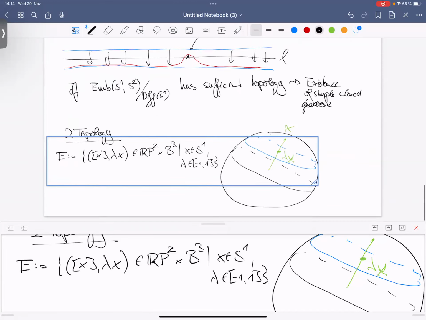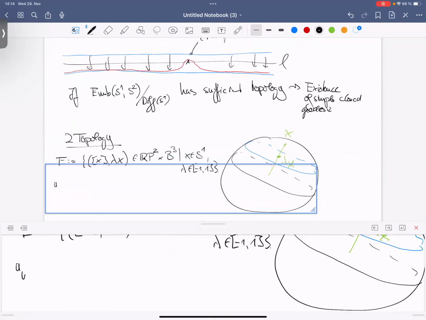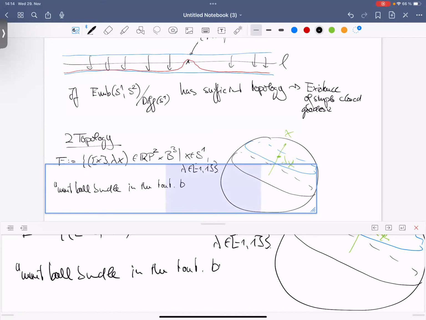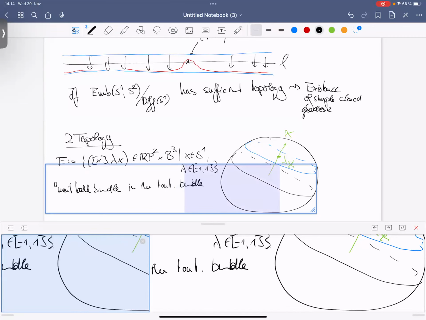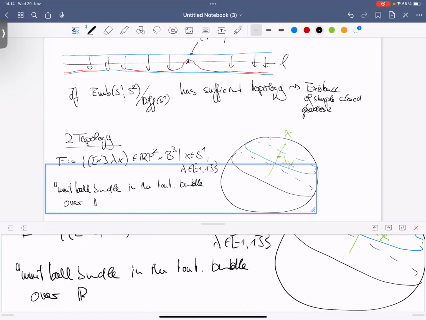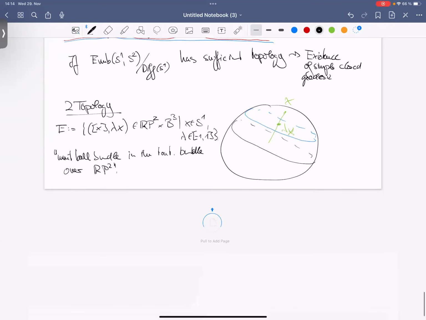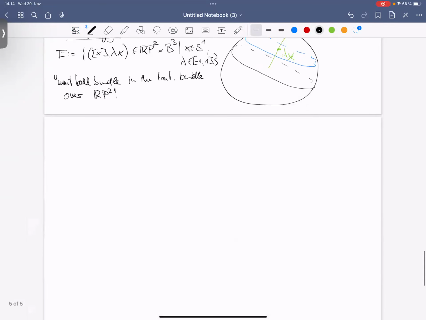If you want, this is the unit ball bundle, whereas the ball here is one-dimensional, in the tautological bundle over RP2. If you take the tautological bundle and then only the vectors in there with length at most 1, then you get exactly this object.